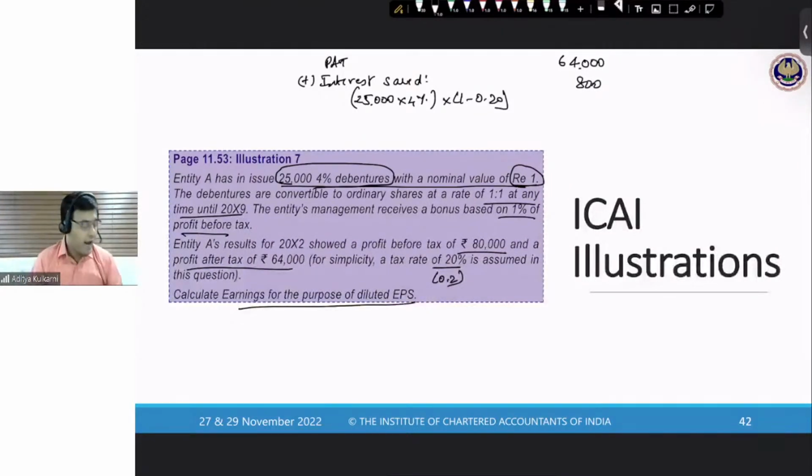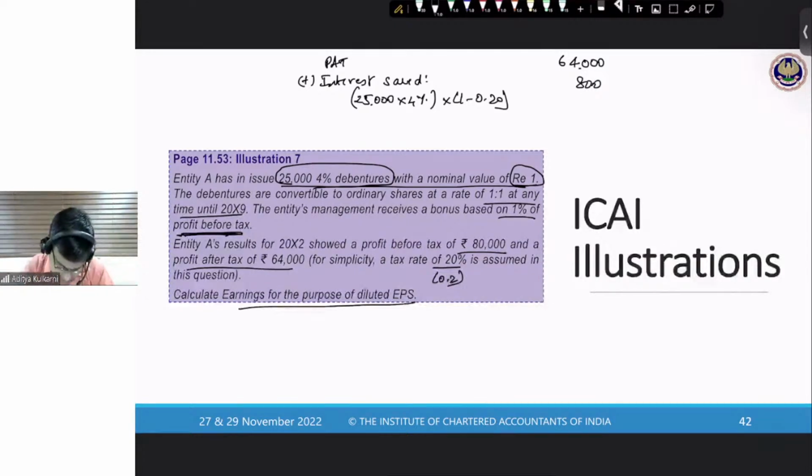And then let us proceed to check something else. The entity's management receives a bonus based on 1% of profit before tax. Before tax, my profit has gone up by 1,000. Since my profit has gone up by 1,000, can I say that my managerial remuneration will go up by 1% on 1,000?